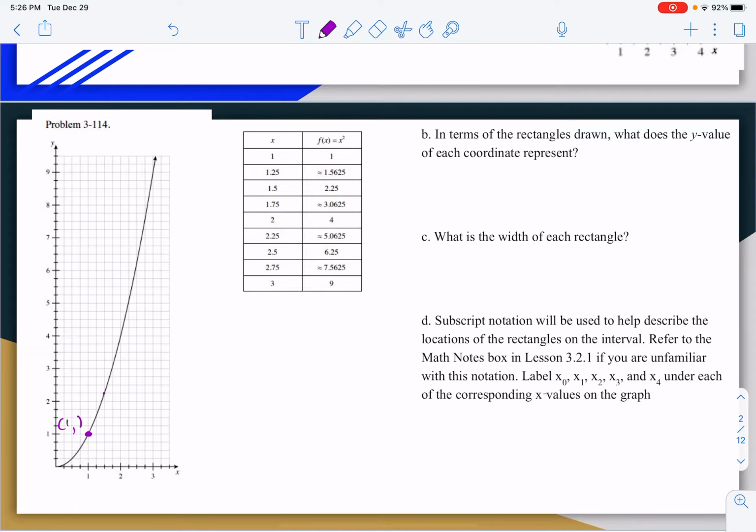We have the point 1.5, 2.25. We have the point 2, 4. We have the point 2.5, 6.25.